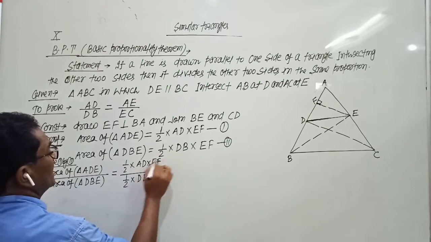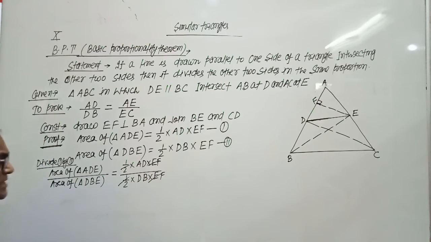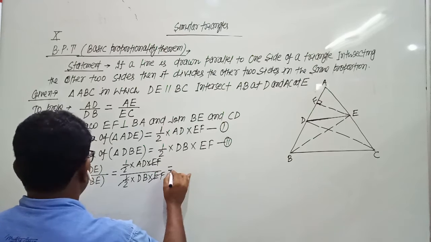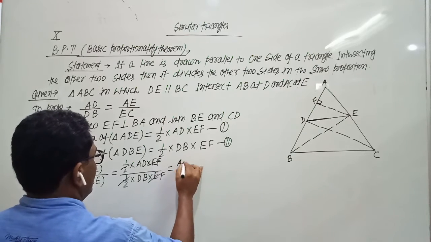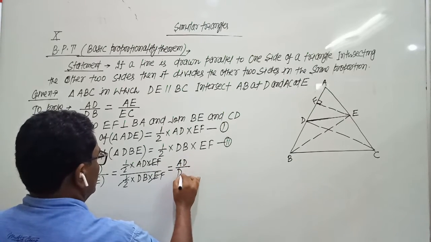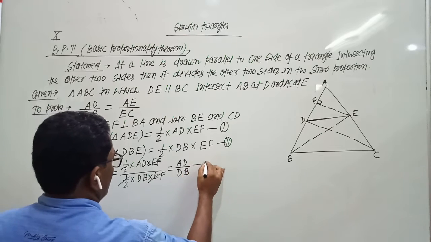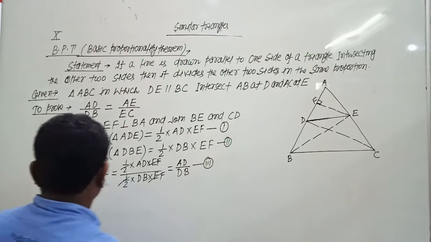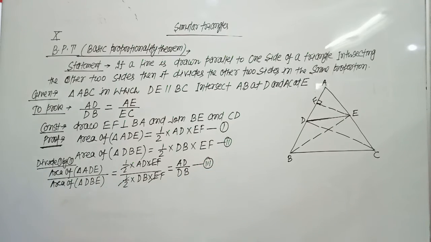So EF gets cancelled and half gets cancelled, and we get the result: this equals AD upon DB. Name it the third equation. So we get area of triangle ADE upon area of triangle BDE equals AD upon DB.